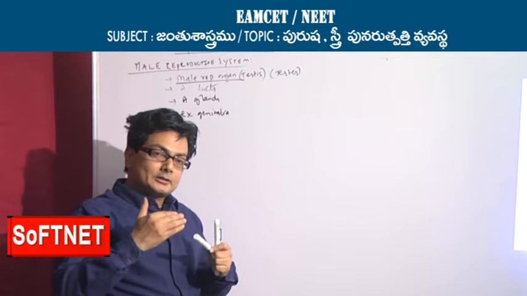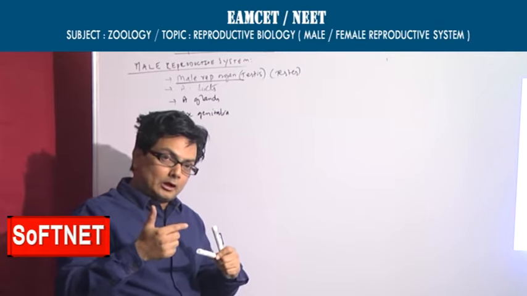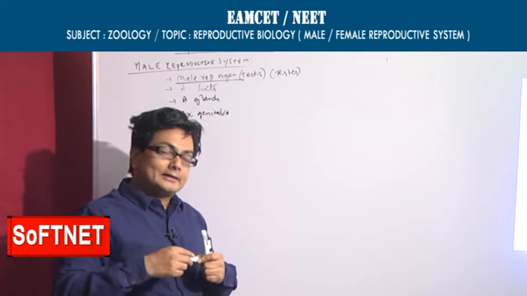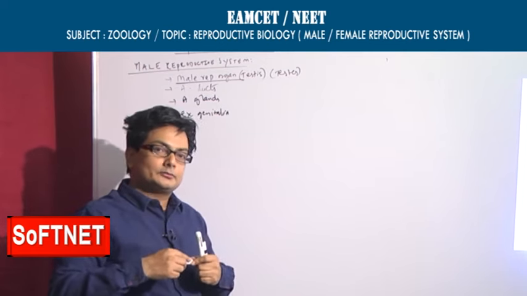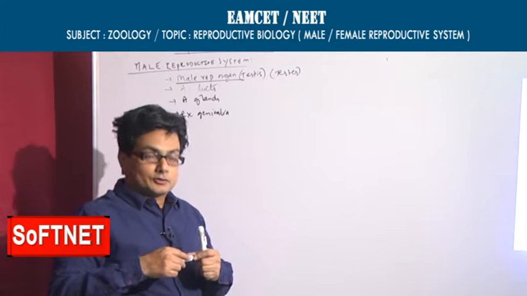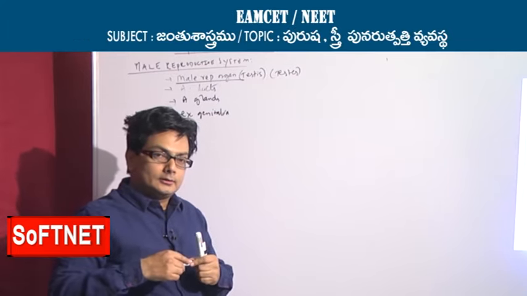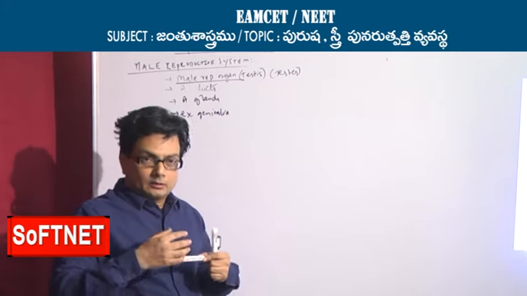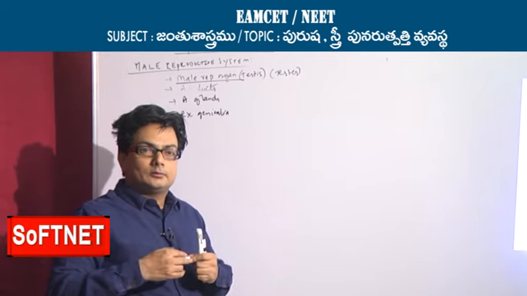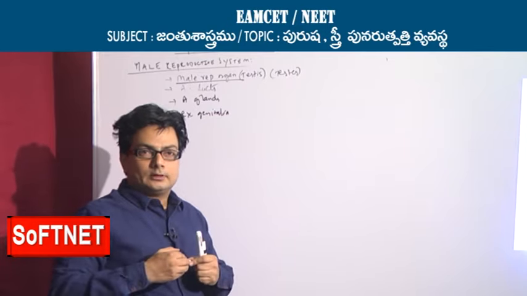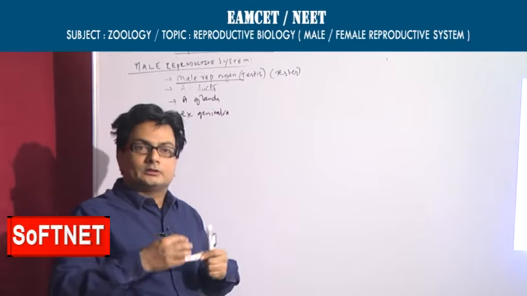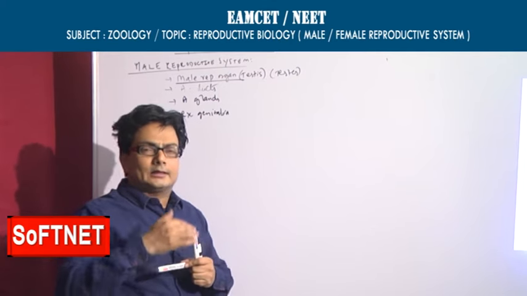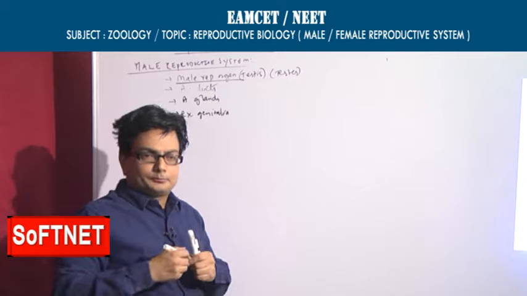Since the testis is present within the scrotum outside the abdomen, we call it an extra-abdominal testis, and that is required because spermatogenesis can comfortably happen within the male gonad at a temperature below the body temperature. That's why the environment within the scrotum is 2 to 2.5 degrees centigrade lesser than the body temperature.